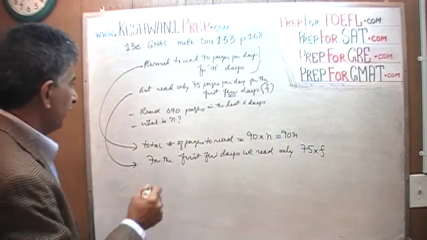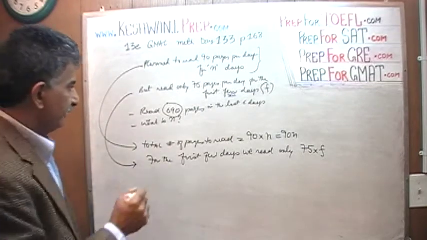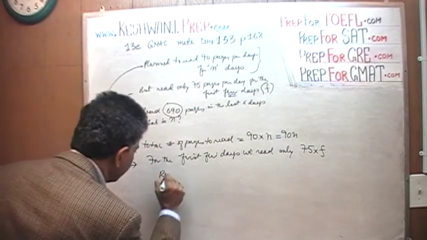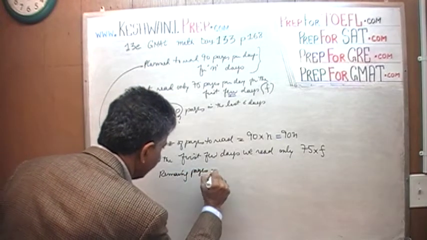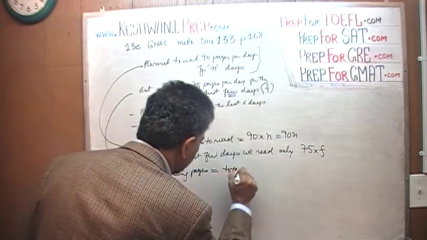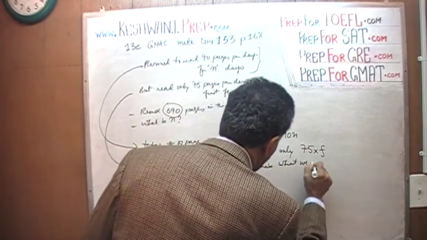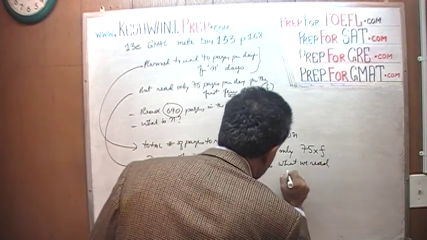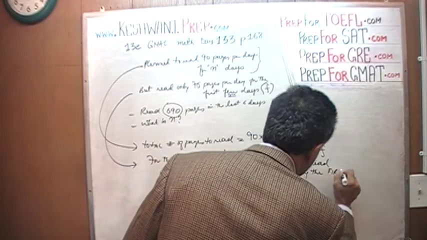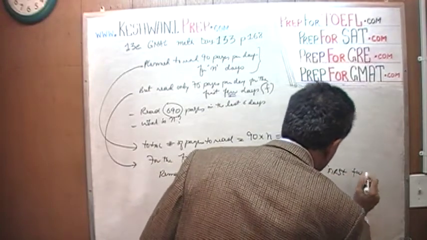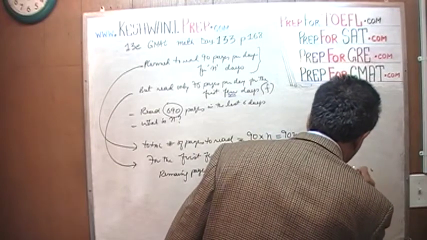We are told that the remaining 690 pages were read during the last 6 days, which means 690, the remaining pages, has to equal the total minus what we read during the first few days.